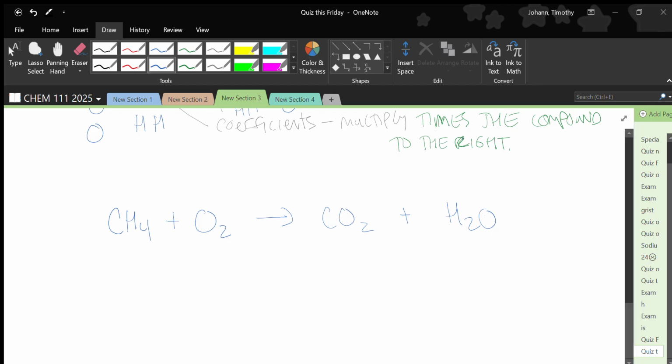So what I'm going to do for a set of rules here is pick an atom that is only present in one compound on each side of the equation. Let's go ahead and write this down as a rule. Or pick an element, I should say.